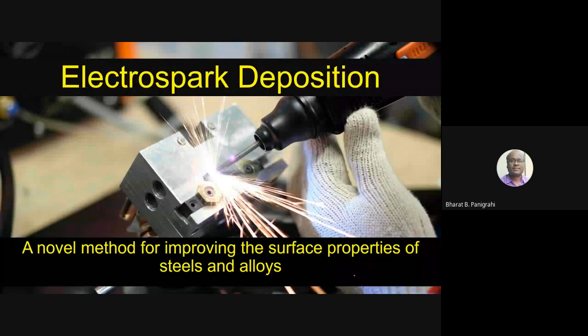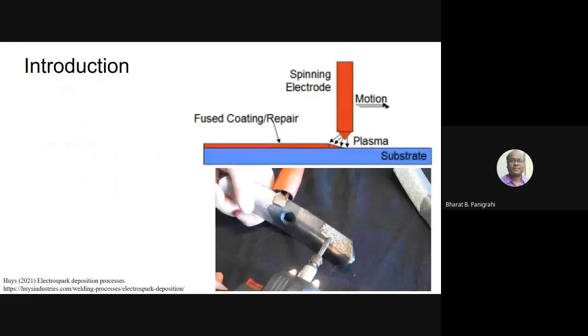Electrospark deposition. I'm sure many of you will be aware of some of these techniques. It can be used for improving surface properties in a variety of materials, basically metals and alloys. It's basically an electrospark. What does electrospark mean? Whenever you bring two electrodes together, there is always an electrical spark, right?